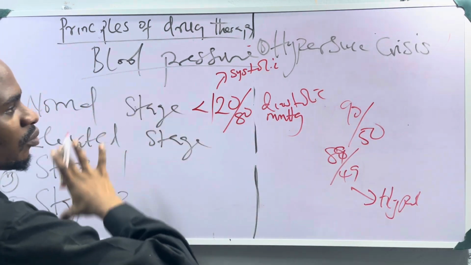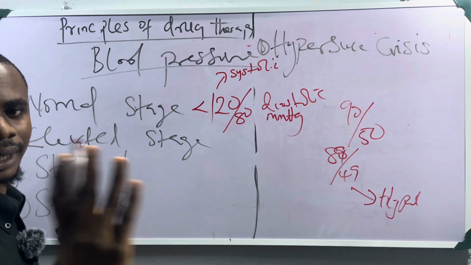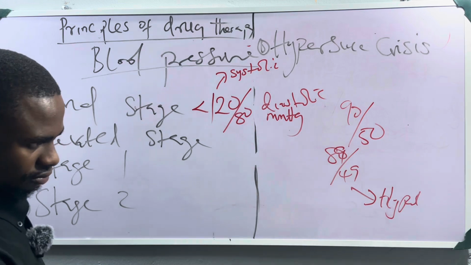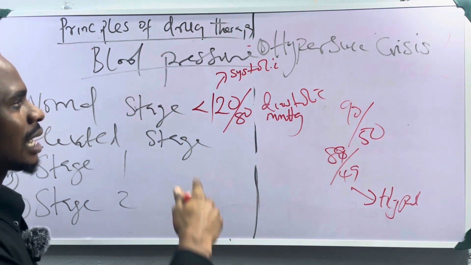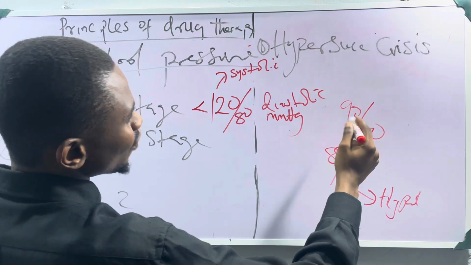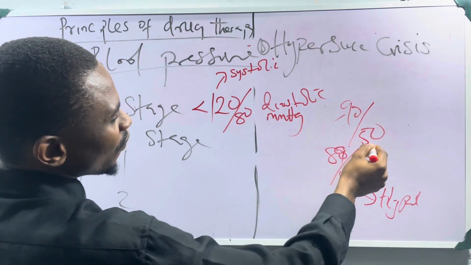Now, the treatment of blood pressure is a very complex thing that we have a separate lecture for, about the medications and all that. So for the fact that it is not less than 90 or 50, it is normal.